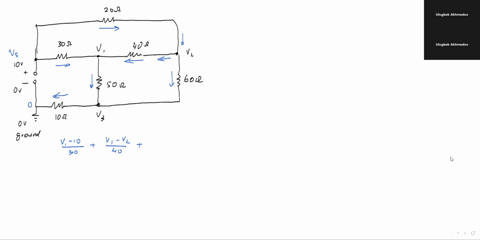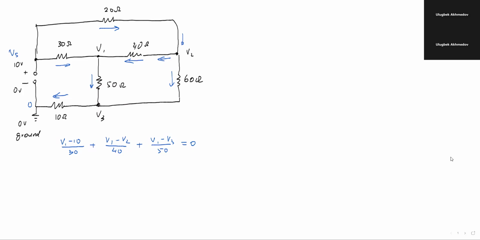Plus the current from the 50 ohm resistor, V1 minus V3 over 50. So every time we calculate the potential difference between V1 and something else, all this current should add up to 0.